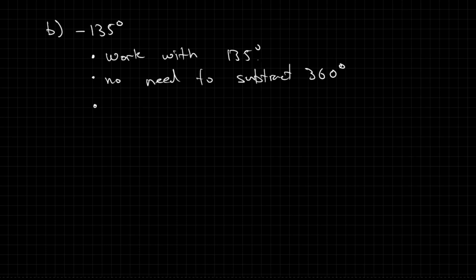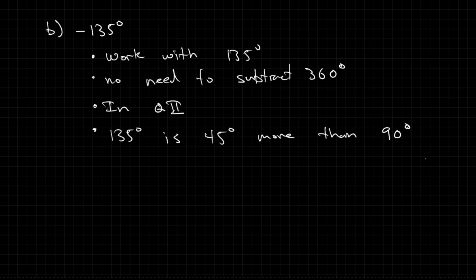We'll note what quadrant it's in. So it's between 90 and 180 degrees. So in quadrant 2. And 135 degrees is 45 degrees more than the quadrantal angle 90 degrees.